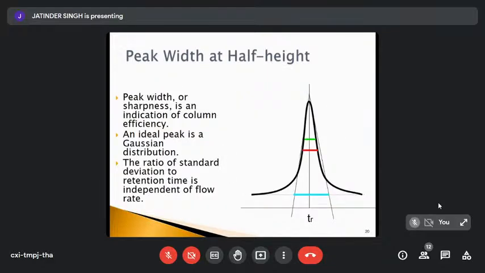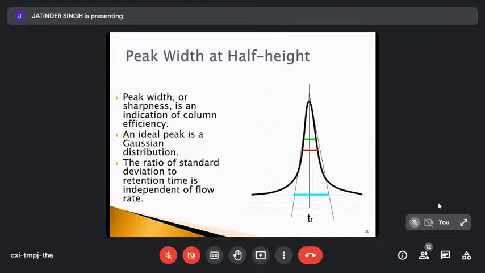So as I told you, peak width gives you the base. It is calculated in a Gaussian way, and this is the area under the peak of the analyte.